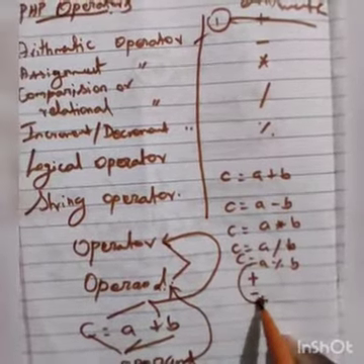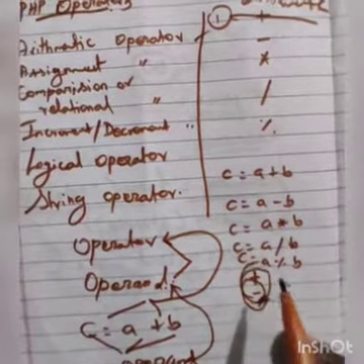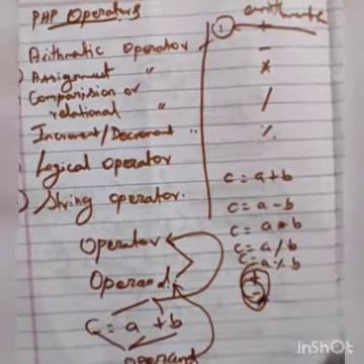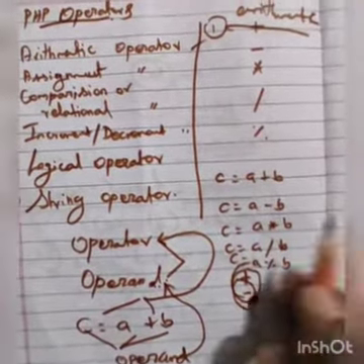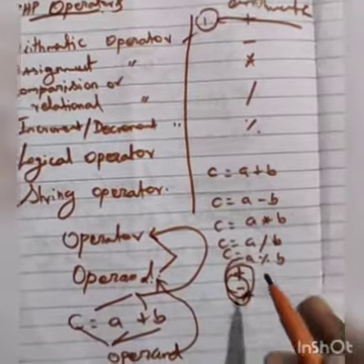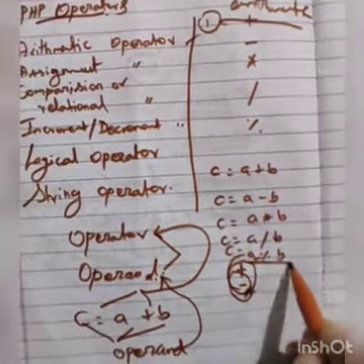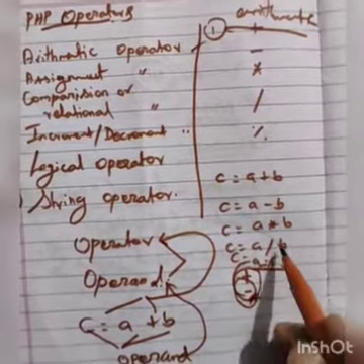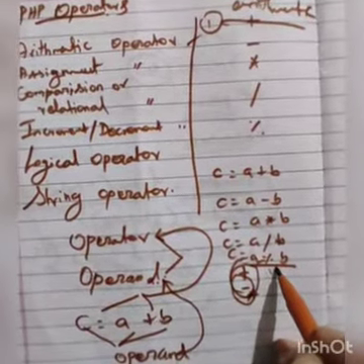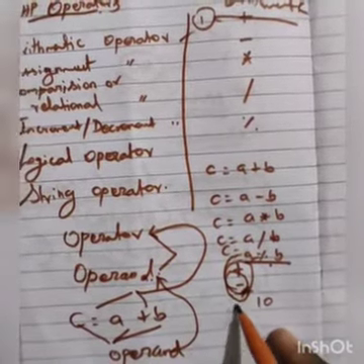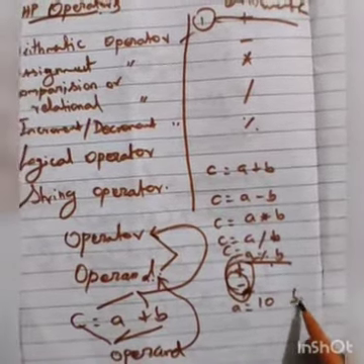Addition and subtraction you all know, and division also you all know. But what is modulus, and what is the difference between division and modulus? For example, take A value 10 and B value 5.